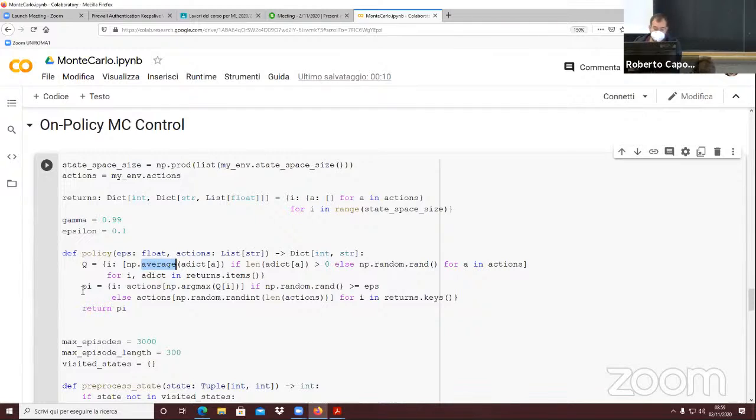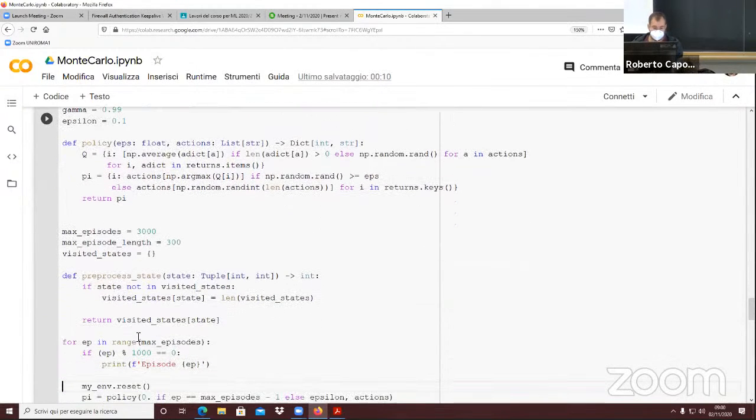And pi is computed as the argmax of the Q if the probability is greater than epsilon. Otherwise, with probability epsilon, I'm selecting a random action. So this is my policy, an epsilon greedy policy, and I'm computing my Qs as the average of the returns for every state and action, which is exactly what we have described in our code.